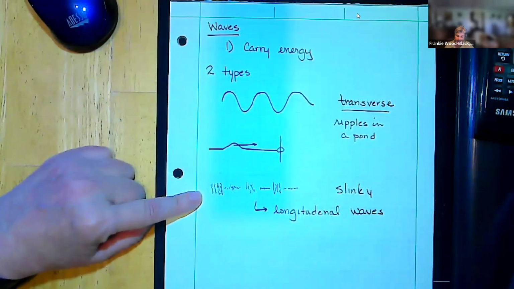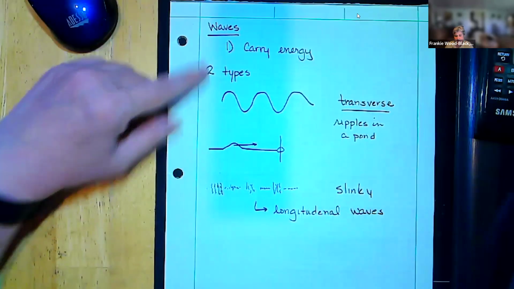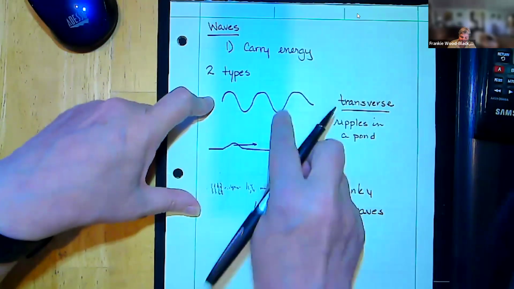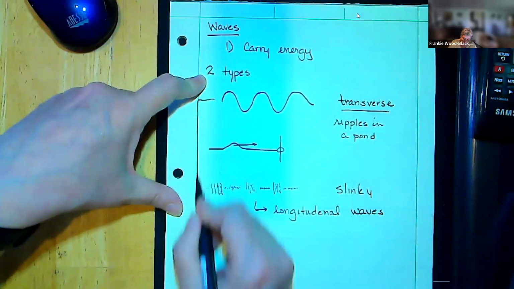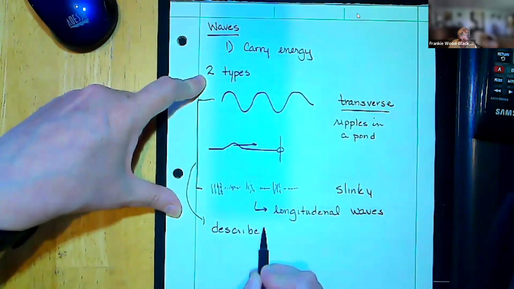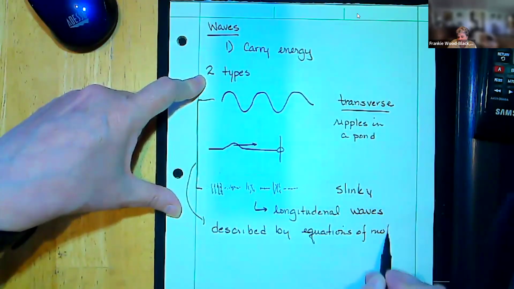Longitudinals are a little more difficult. But my waves are going to carry energy. And I've got two types of waves. But these can be described by our equations of motion that we've just worked on.